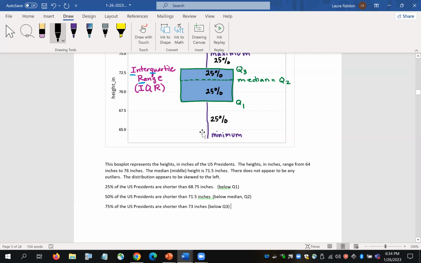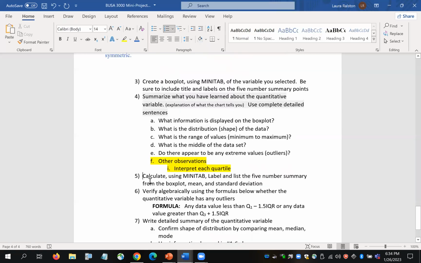All right. On the box plot, if you look at the next question, it says calculate using Minitab, label and list the 5-number summary from the box plot, but I also want you to include the mean and the standard deviation.